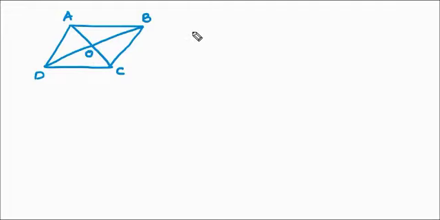So this is a rhombus. As we know, in a rhombus, all sides are equal. And other properties of parallelogram tell us that diagonals bisect.